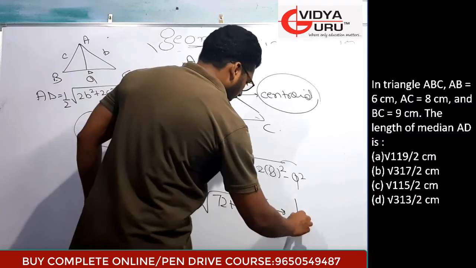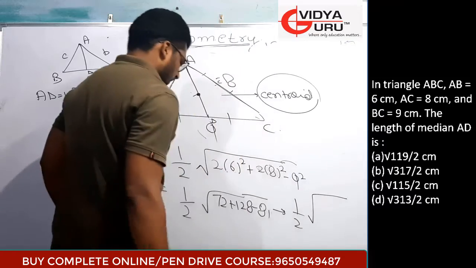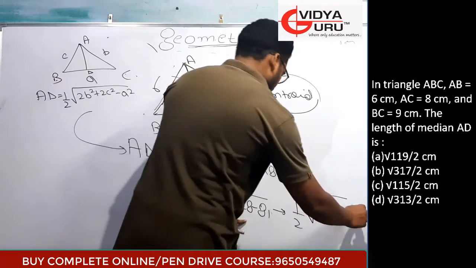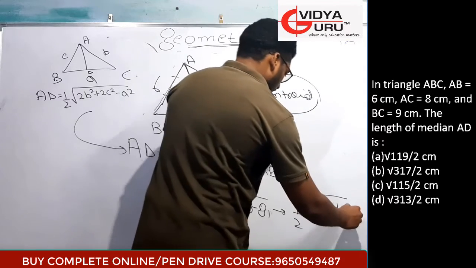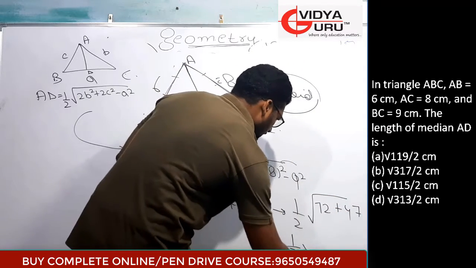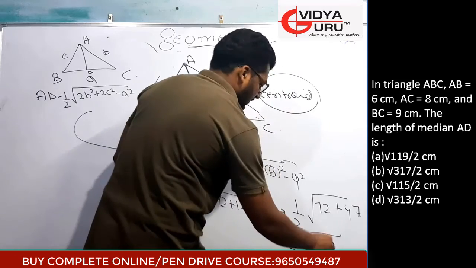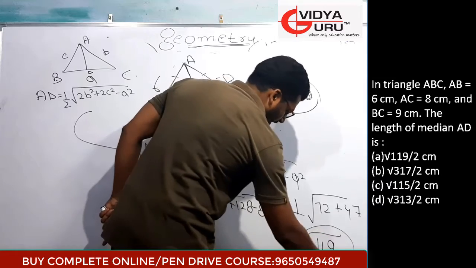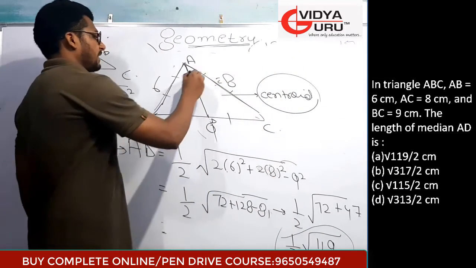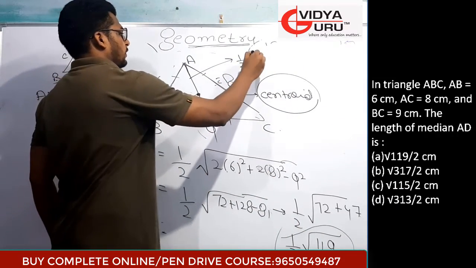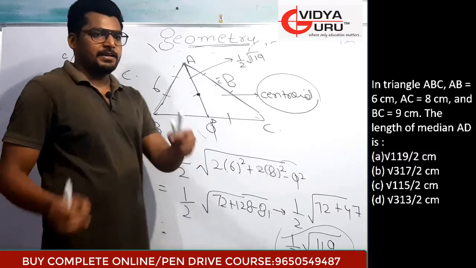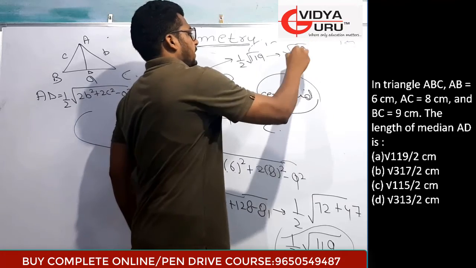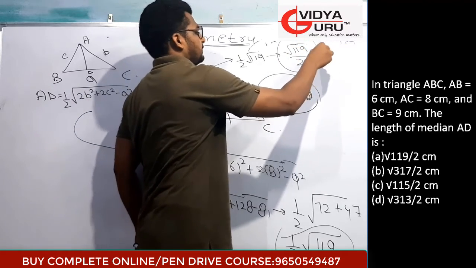This will be equal to half root of 72 plus 128 minus 81, which is half root 119. That is the length of the median. One by 2 root 119 centimeter is the answer, or we can write it as root 119 by 2 centimeter, which is given in the options.